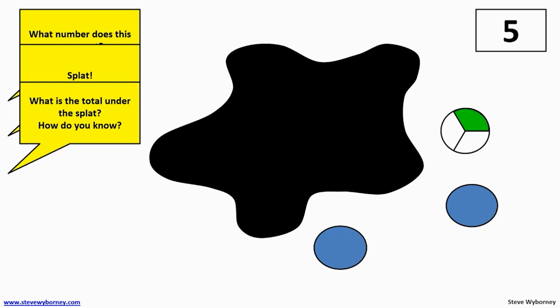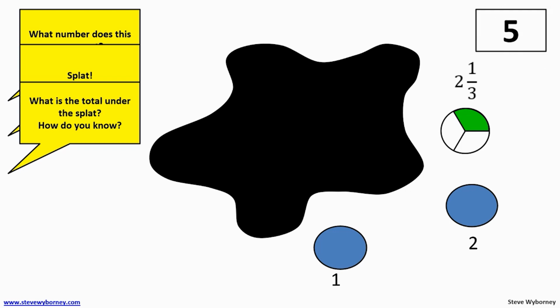What do we know? How many can we still see? Well, let's count the whole numbers first and then the fraction. 1, 2, 2 and 1/3. We can still see 2 and 1/3, and we know there are 5 total.